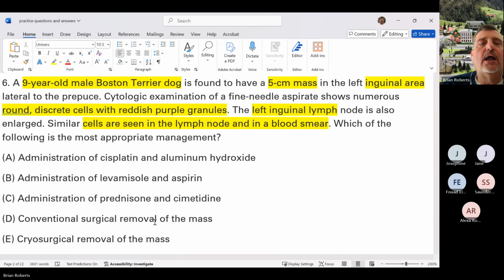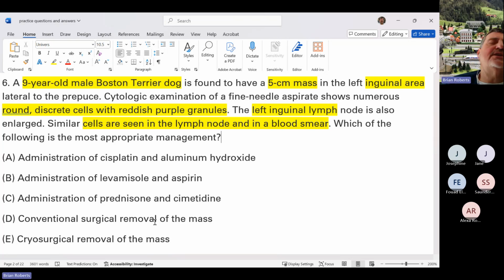So usually when we treat mast cell patients, we have to give them a histamine blocker, and then we have to give them something to either kill the mast cells or diminish their growth, right? Slow them down. So what do you think? So would we give levamisole and aspirin? No. You just said histamine.